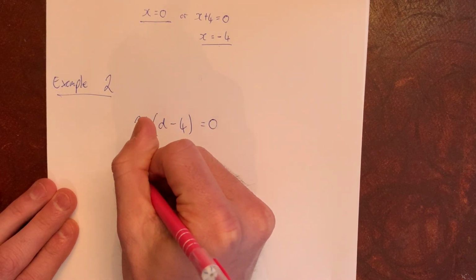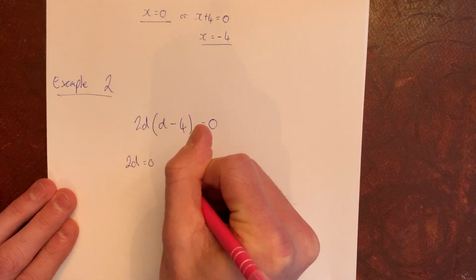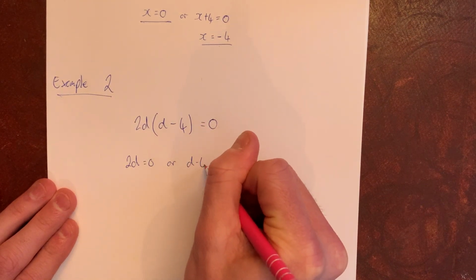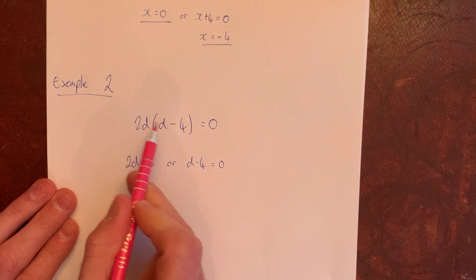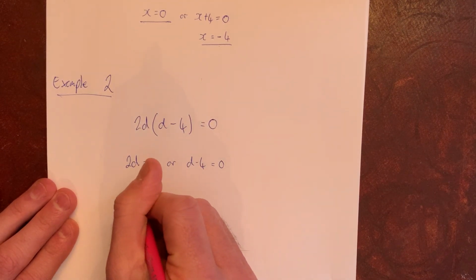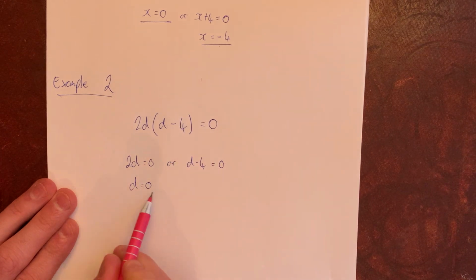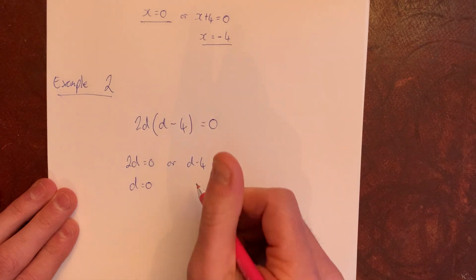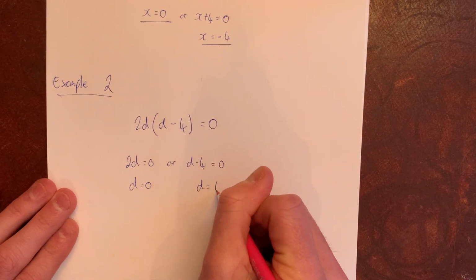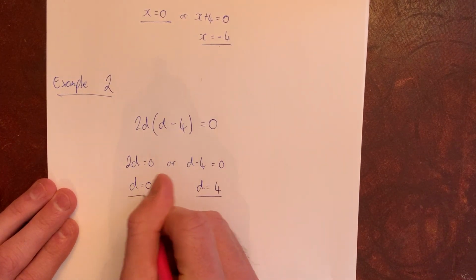So I know that either 2d is equal to 0, or d minus 4 equals 0, because those are the two terms that are multiplied together. Well, simply, d must be equal to 0, if I divide 0 by 2, that just gives me 0, or d is equal to positive 4. Those are my two solutions.